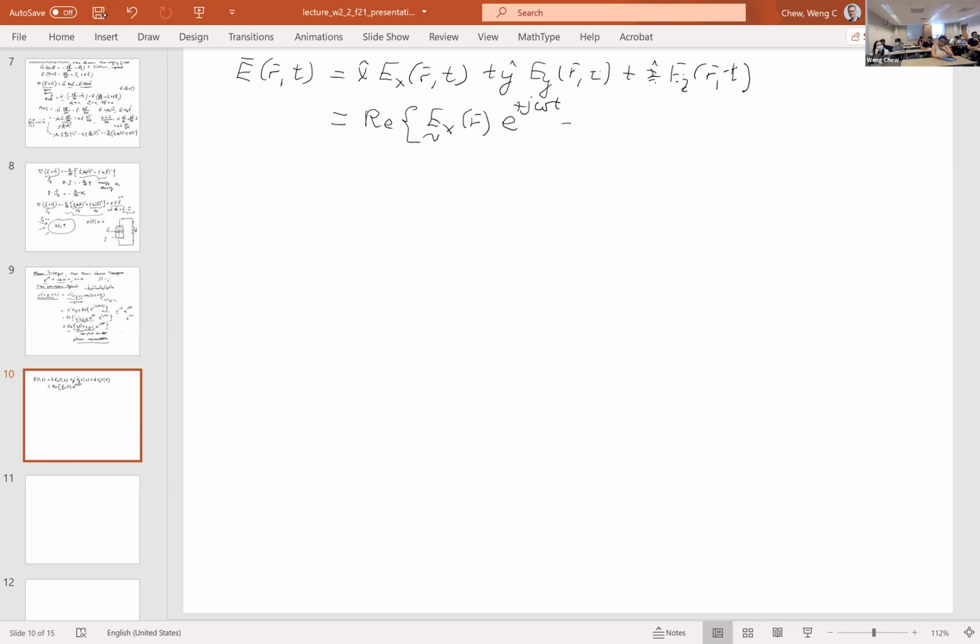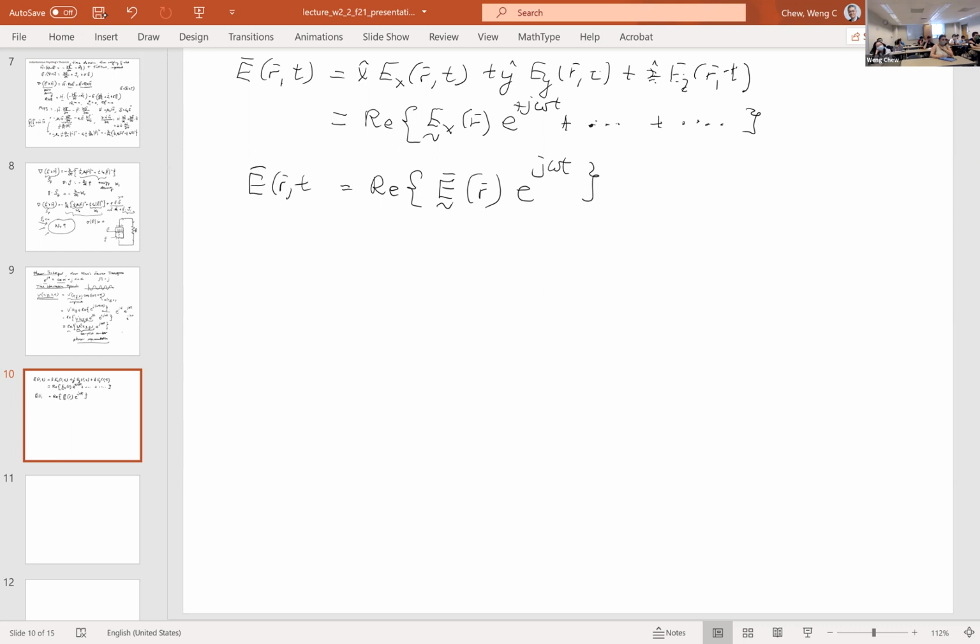And I can do likewise to the second term, and likewise to the third term, if each of the components is a sinusoidal or time harmonic signal. In short, I can aggregate all of them together as a complex vector, which is a function of position, times e to the j omega t.